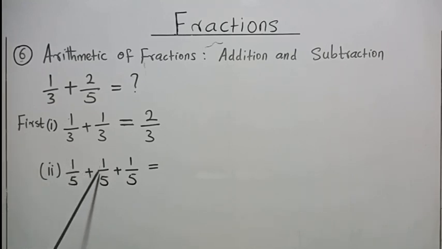1/5 plus 1/5 plus 1/5. What will it be? While you are thinking about the answer, let me again remind you that this could be that one orange was broken into 5. You pick 1 out of the 5, and you have 1/5.